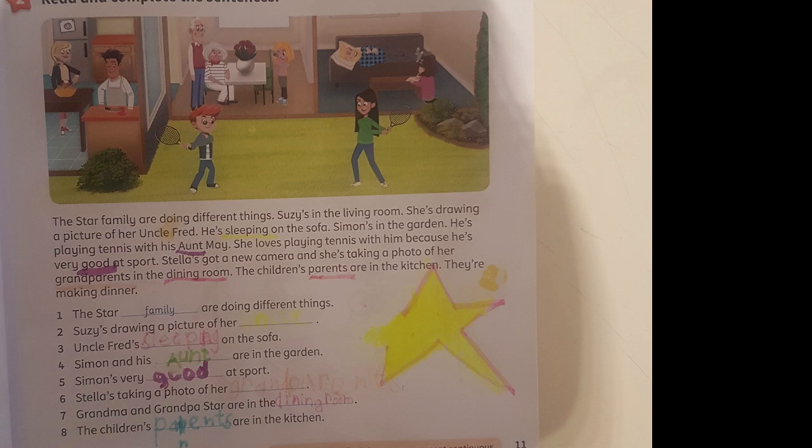You had to read the text and then fill out the gaps. There are the sentences 1 to 8. Sentence 1 is an example. It's given. You can see the star. Family is the word that was missing. The first sentence is also the star family are doing different things.